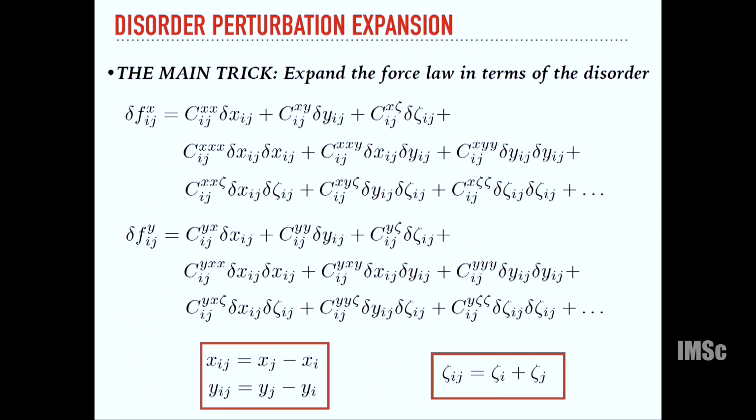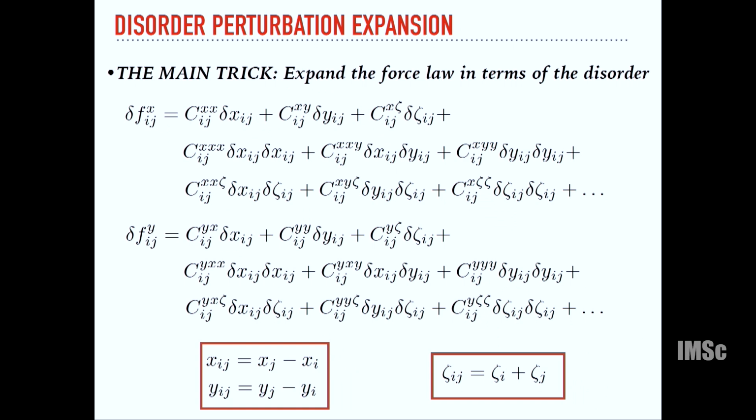If I calculate the forces linearized in the displacement fields, this would represent, for example, the Lamé coefficients up to this order, because it only depends on xij, the relative displacement between particles. But in the force law, I can go to any order that I like. This, for example, would involve xij, and this would give me linear and nonlinear corrections.